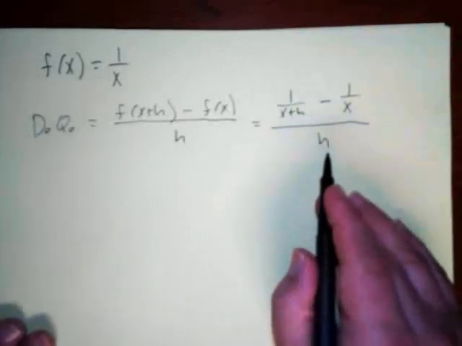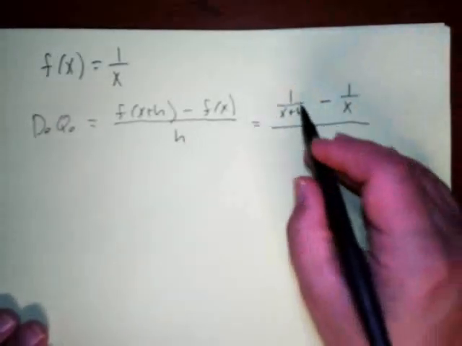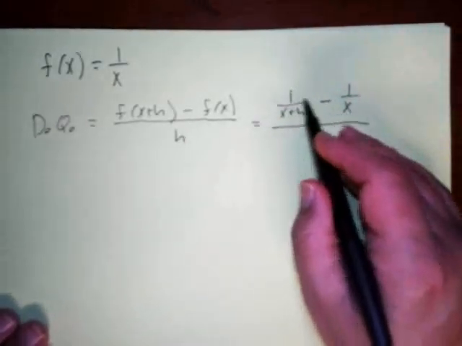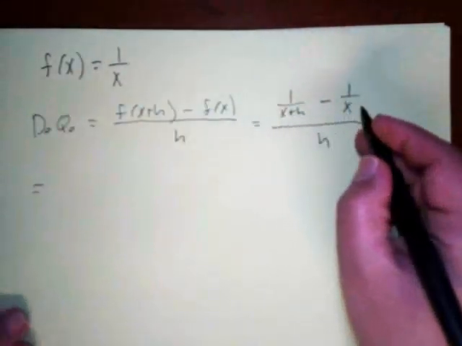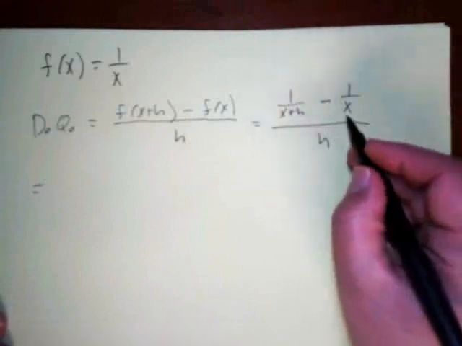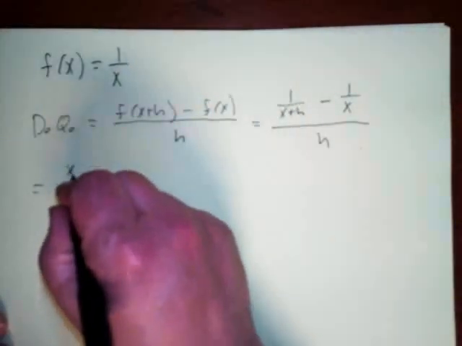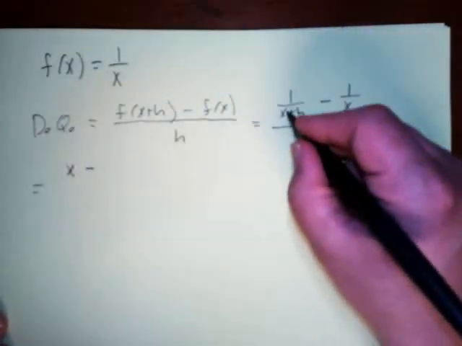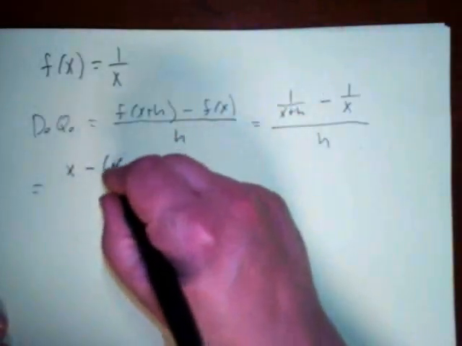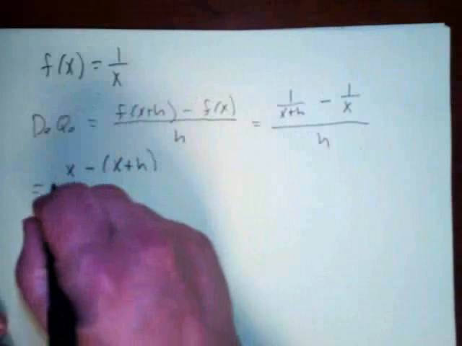So again, pretty simple. I can combine these over common denominators, so I can keep simplifying by combining those over common denominators. So 1 times x is x, and then 1 times x plus h. So subtract the product of those, I just get x plus h like that.